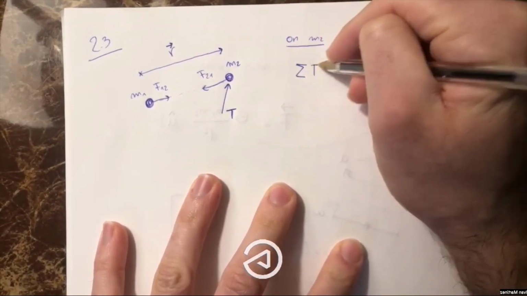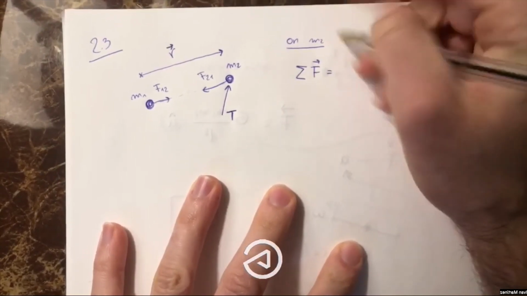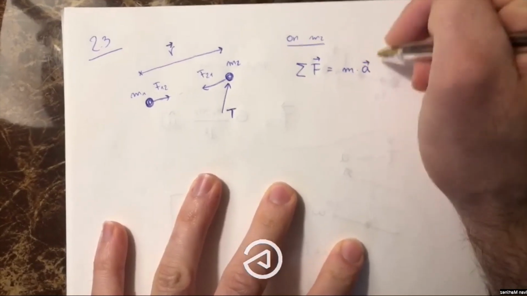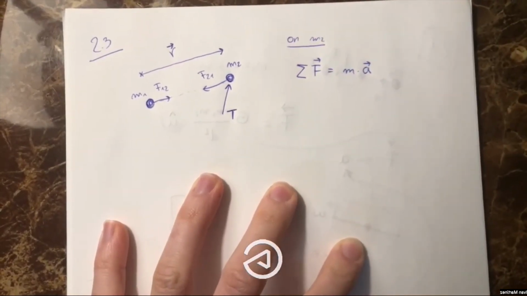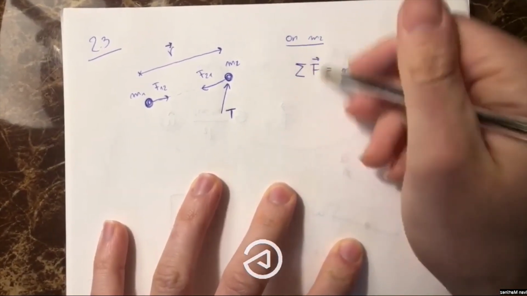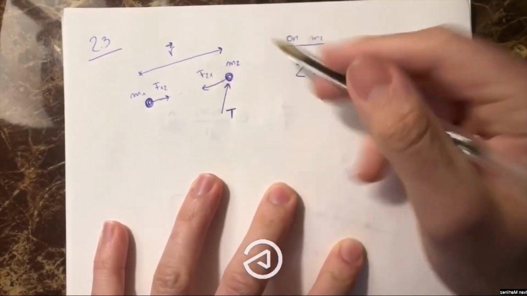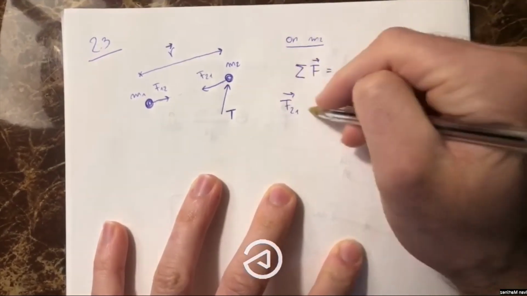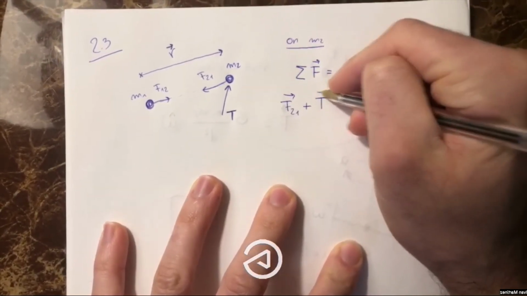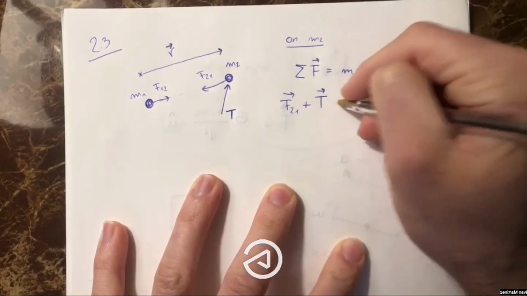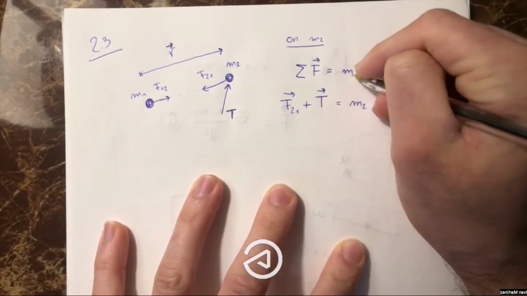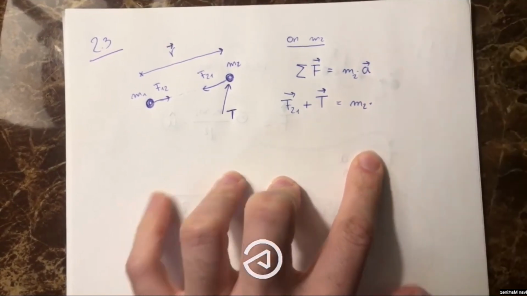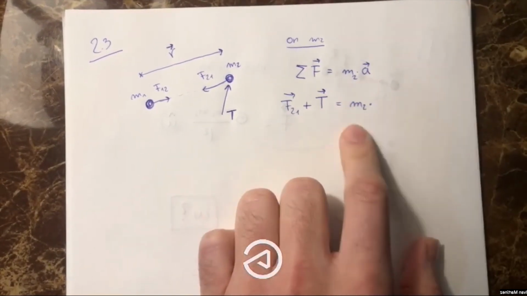If we apply Newton, the summation of all the forces equals MA, what do we have? So the forces acting on M2 are F21 and T. And that equals M2 times the acceleration. What's the acceleration?